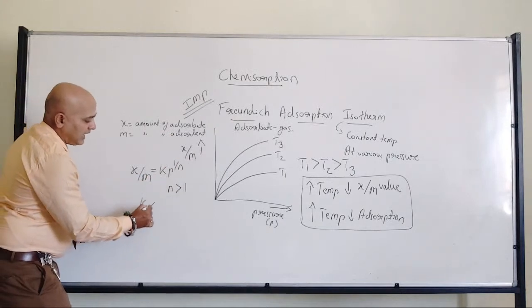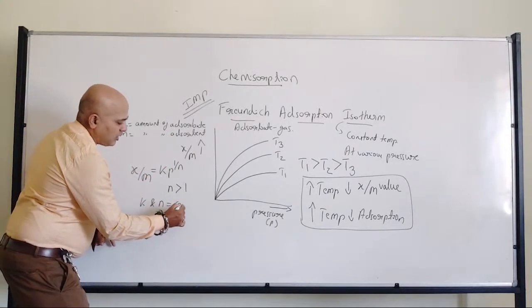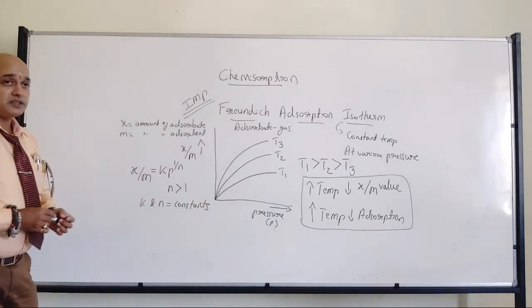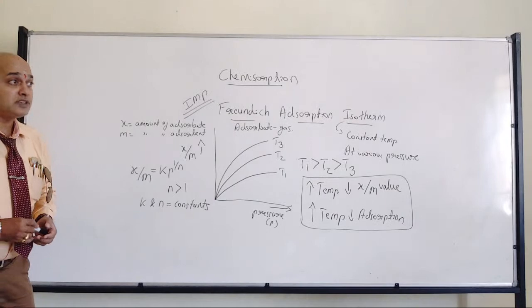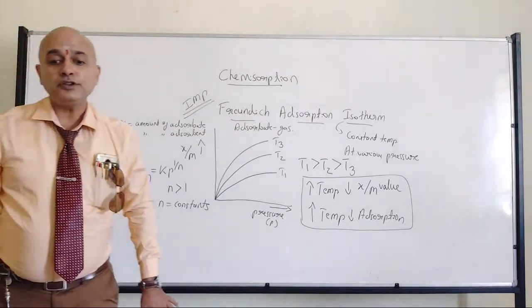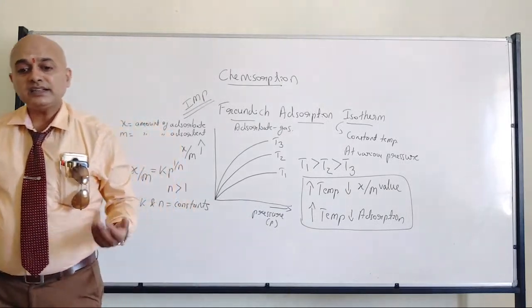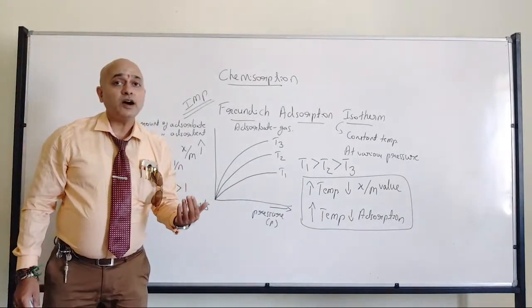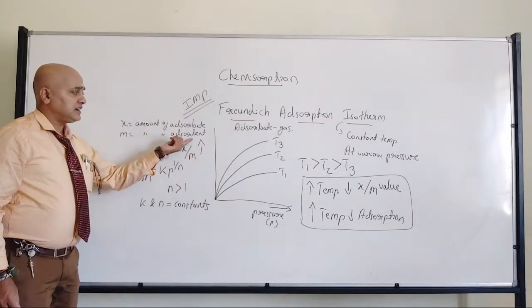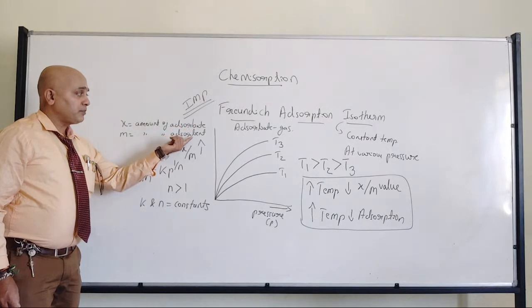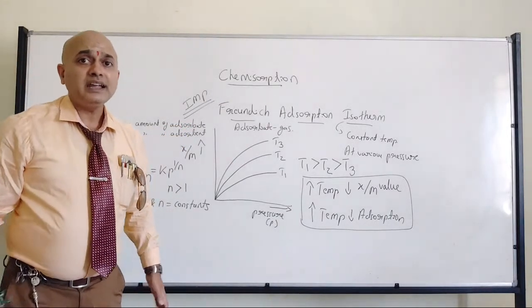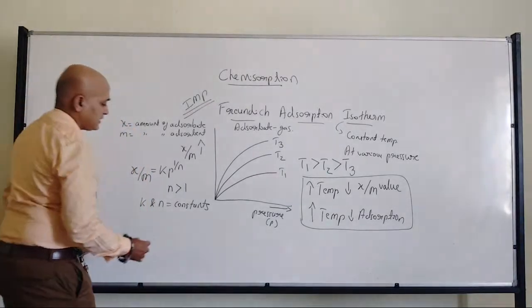Now k and n are constants whose values are decided by the nature of the adsorbate and the adsorbent.